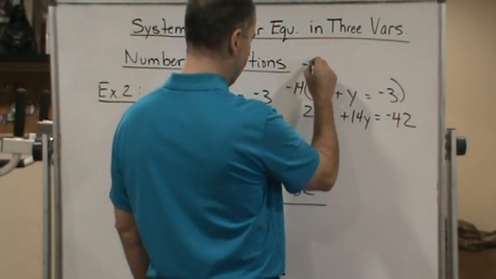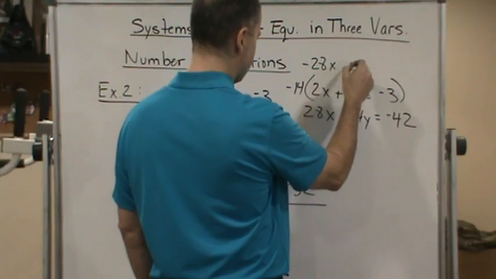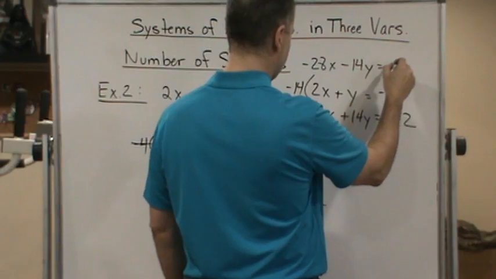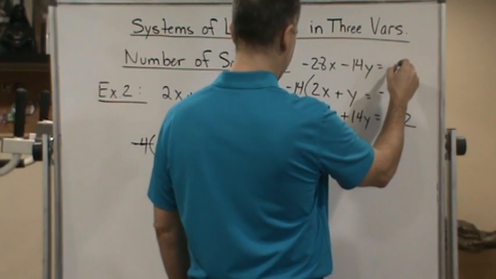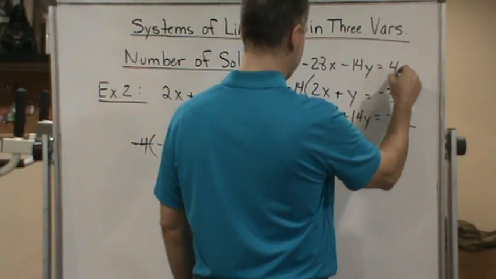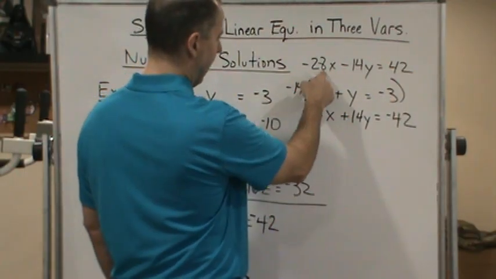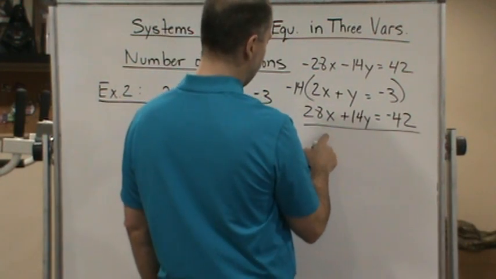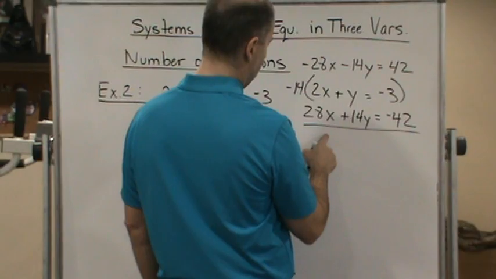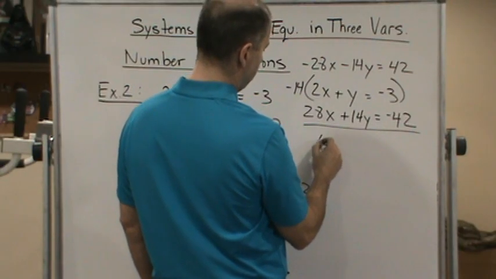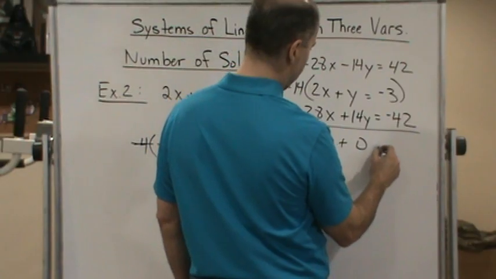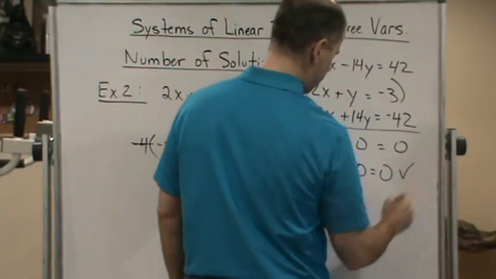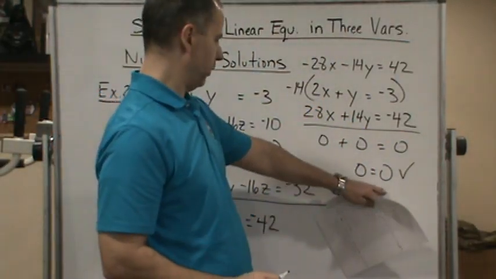I get -28x minus 14y equals 42. Okay? Now, when I add this to this, I get what? I get 0 plus 0 equals 0. So I get 0 equals 0, which is a true statement, but it doesn't involve any variables, right?